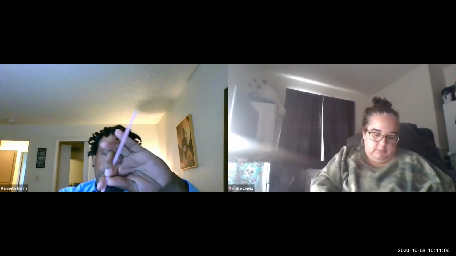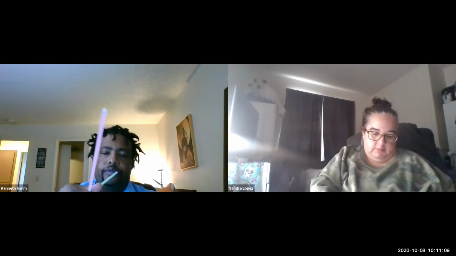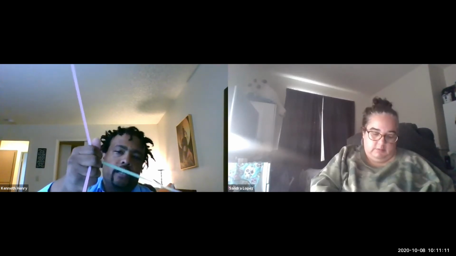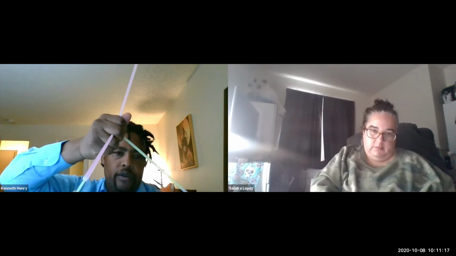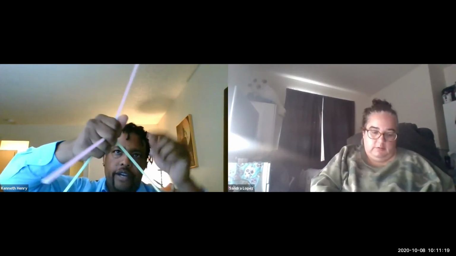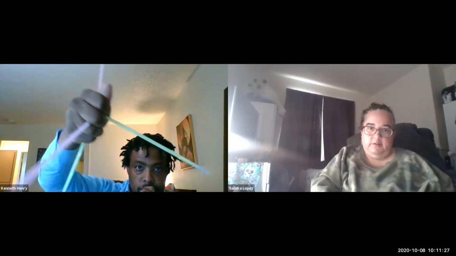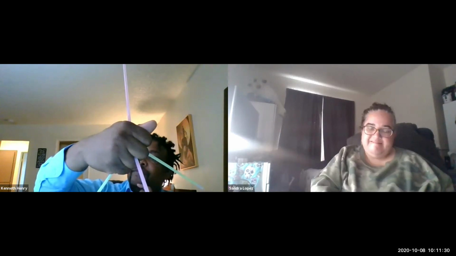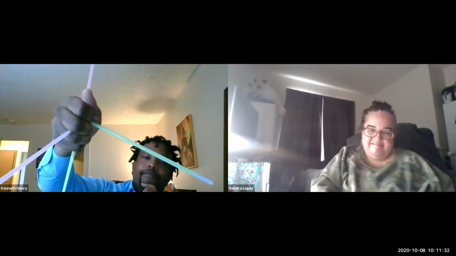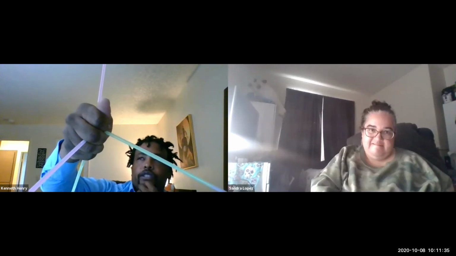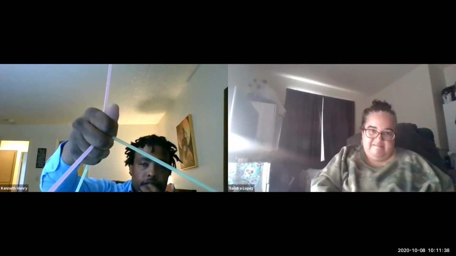So if I have 2 pink and 2 green, the lone pair is represented by the pink, the green represents an atom, and my fist is my center atom. What would be the geometry of this structure? Tetrahedral.